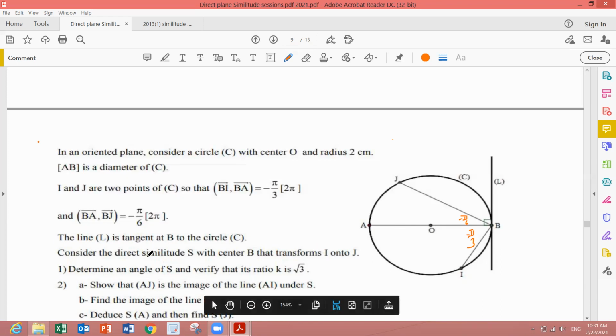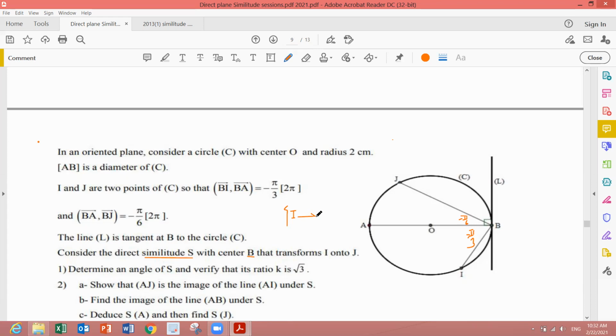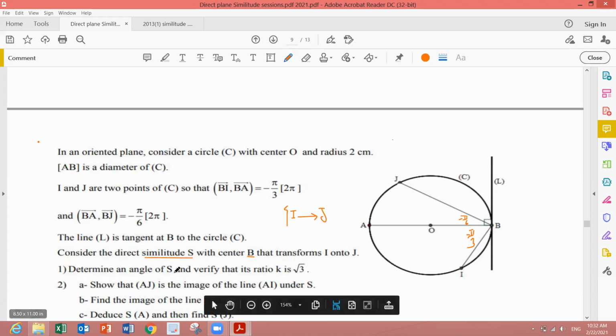Okay, consider the direct plane similitude S with center B that transforms I onto J. Determine the angle of S. How do we know the angle?